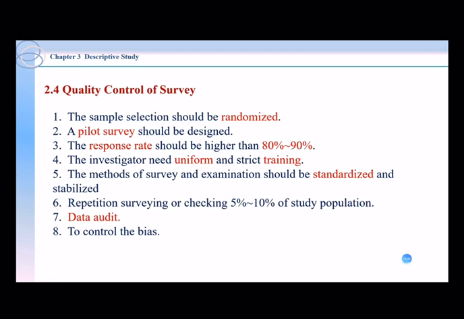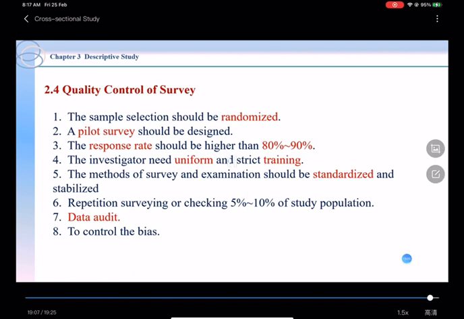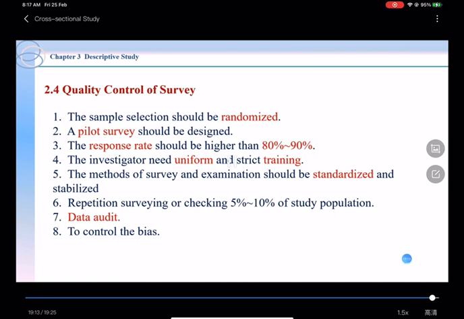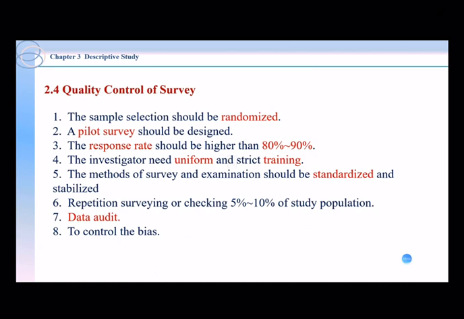Another issue I want to mention here is that we need to do a data audit. Sometimes when we enter all the data that we collected into our database, some errors occur during the data entering. So usually we can randomly select, let's say, 5% of the data to perform a data audit to make sure the data we entered were correct.